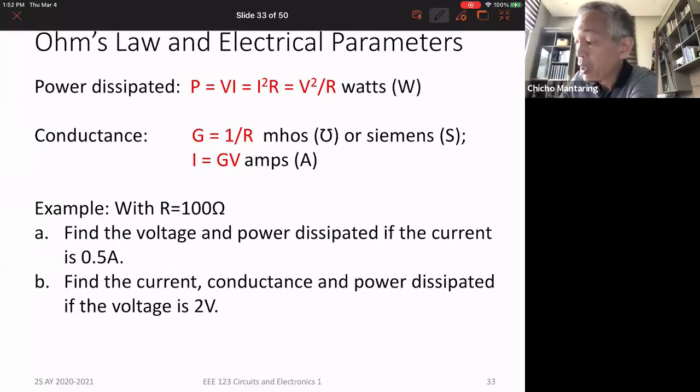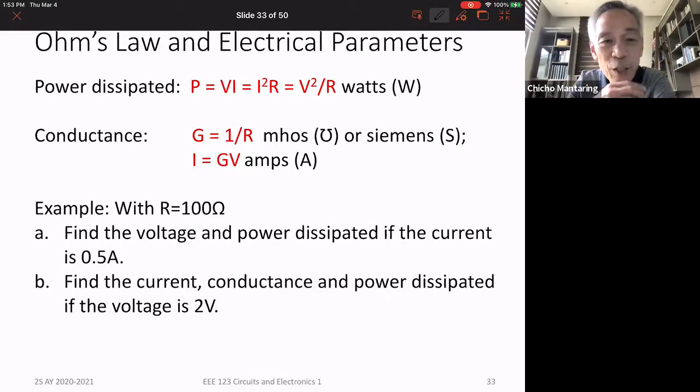If we're talking about power, power is equal to, what is this question? I don't understand. What is the LED being referred to?